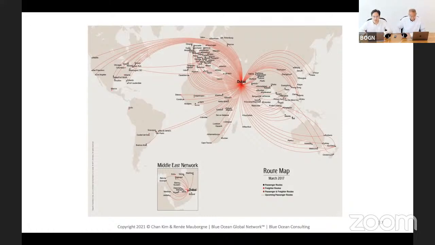Almost anyone who travels between these two continents has to pass through Dubai, whether you like it or not, because the journey is often very long, can be 14 hours. If you want to split your journey, you often have to stop over in Dubai. Some people will choose Singapore as well, but Dubai is very centrally located. So this was one of their advantages.